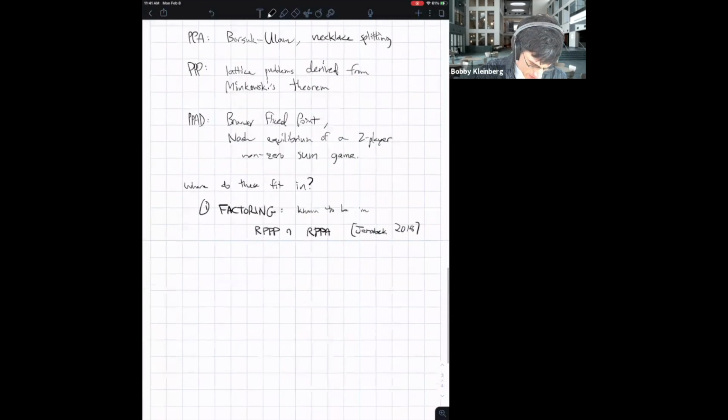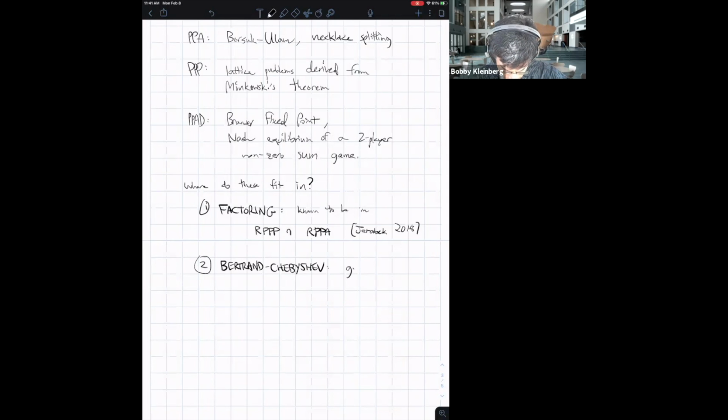While we're sticking with number theory, here's another very natural total search problem whose complexity status is not understood. Bertrand-Chebyshev.